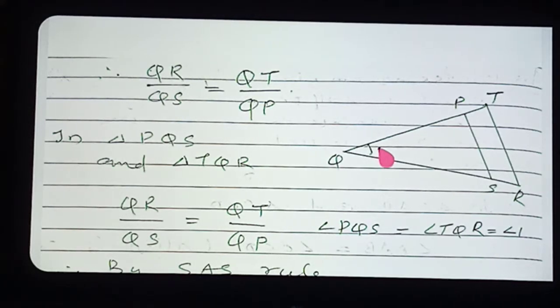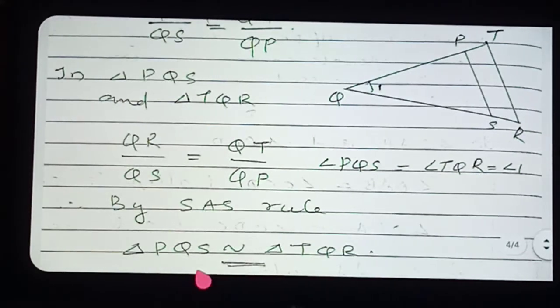This angle is common for both the triangles. So corresponding sides are in the same proportion and their included angle is congruent. Therefore, what can you say? By the SAS rule we can say that these two triangles are similar. Are you clear?